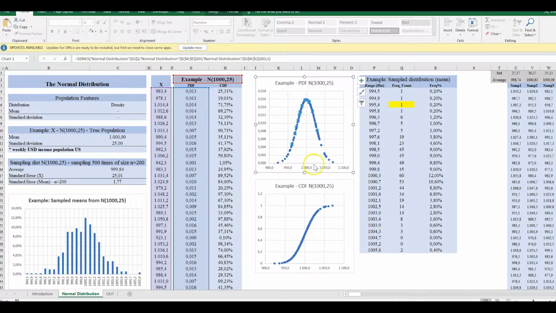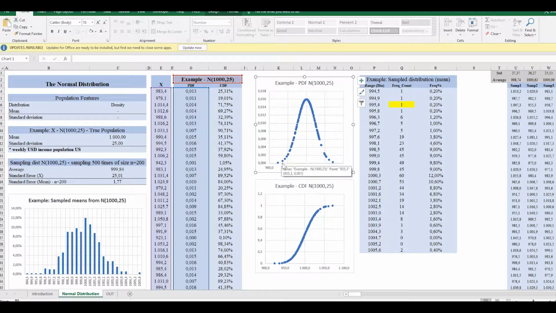So you can go in and see, okay, what is the density of getting 1050, 950, and so on. What we know from the normal distribution is that the highest density is always associated with the mean, the center of the distribution.